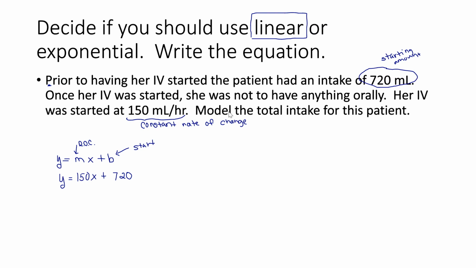Now, we do see this word here, model, and in an algebra context, to model is to create an equation that works for the scenario. We tested ours, and it does work for the scenario, so that is our answer or model.